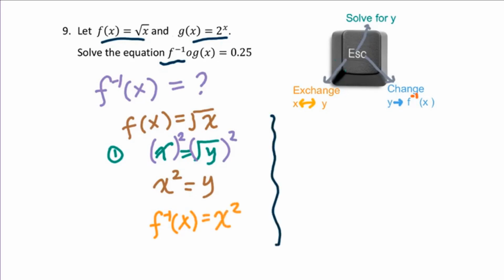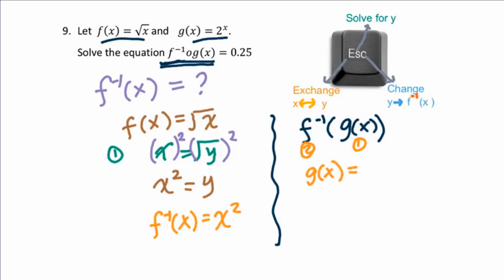Next step, you have to figure out the composite function first. We know inverse of f of g of x. The inside first, then the outside. We know g of x equals 2 to the x power. Then I need to work on inverse f of something. This goes down here because this is a composite function, so 2 to the x power.